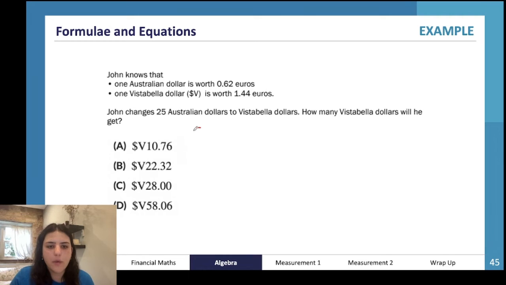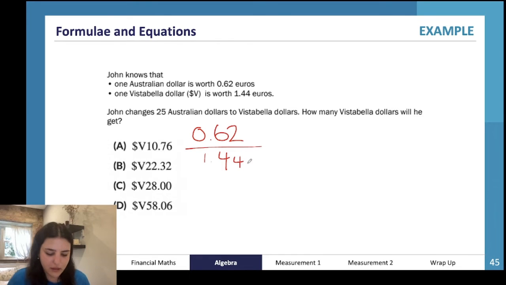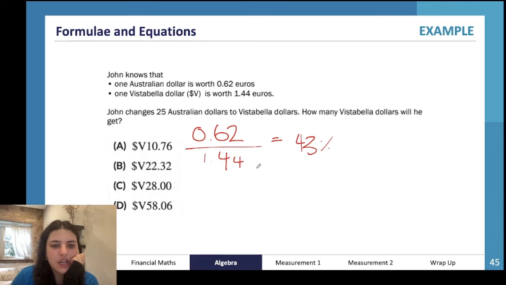So 0.62 euros for Australian, 1.44 for a Vistabella. So we know 0.62 over 1.44, the Australian dollar is about 43% less in value, something like that. So to answer this question, what I would do first is change the Australian dollars to euros and then go from euros to Vistabella dollars.